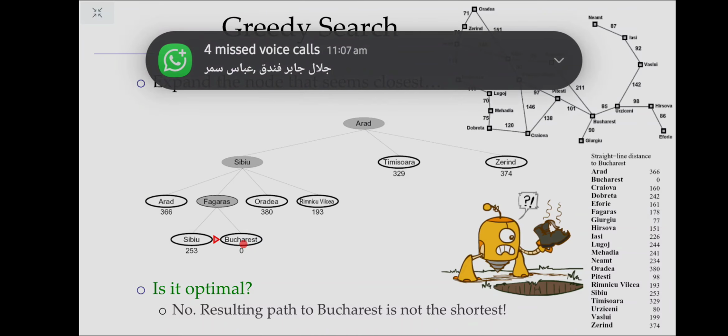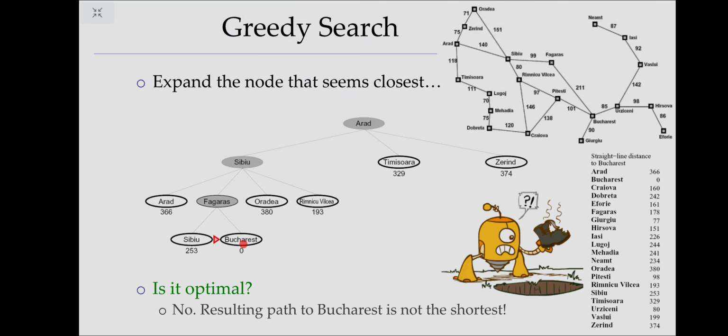And by heuristic, you can estimate the path cost between any middle node to the target. We combine these two parts.